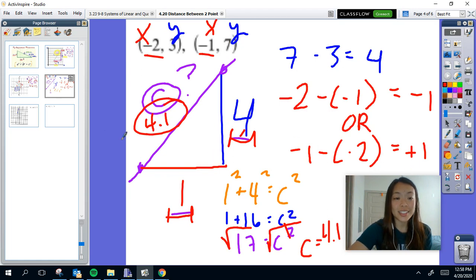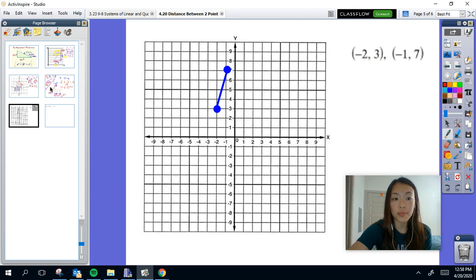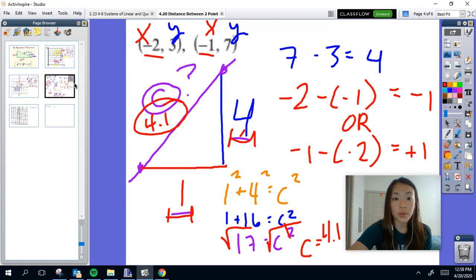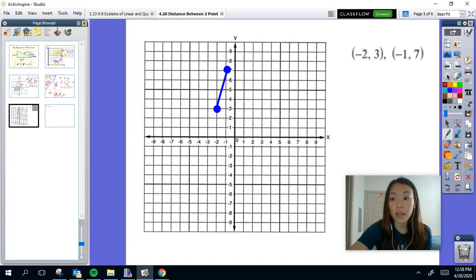All right, just to double check that my explanation made sense to you, this is what I mean. This same problem, -2, 3, and -1, 7, if I plotted those points, this would be -2, 3, and this would be -1, 7.